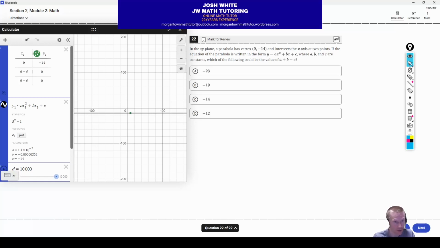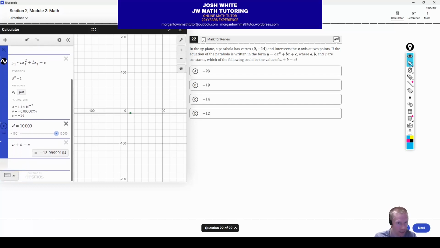I entered the 2 x-intercept points using 9 plus a slider value for d and 9 minus that slider value for d off of the x coordinate, the h value of the vertex, did a quadratic regression, and then moved my slider values for d to see what the values of a plus b plus c would be equal to. And I saw that it goes across negative 12, but it does not touch or equal any of the other numbers.